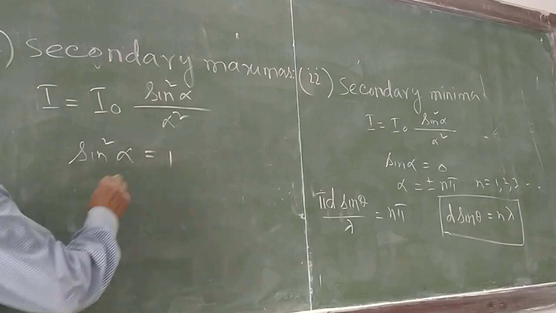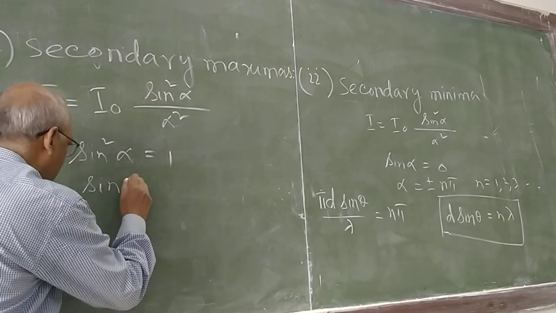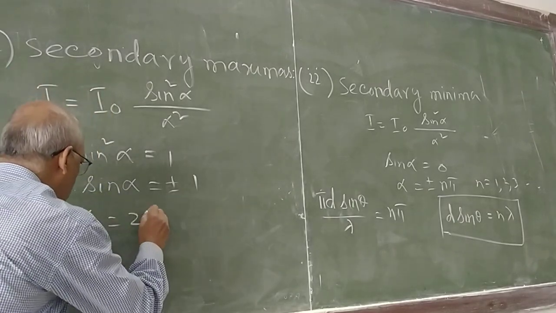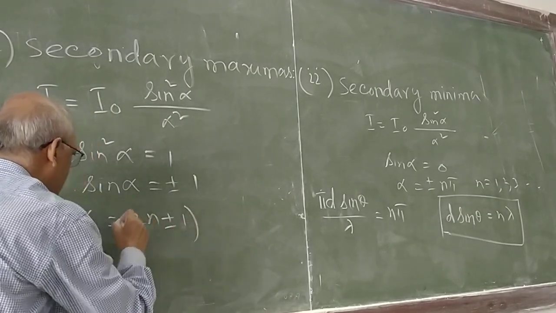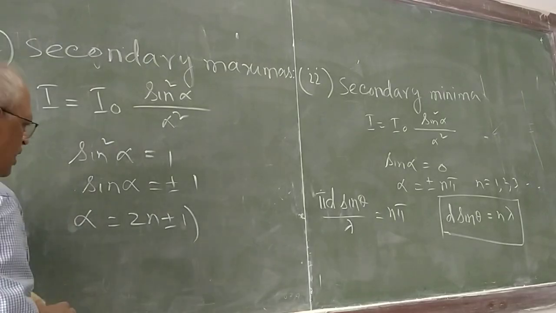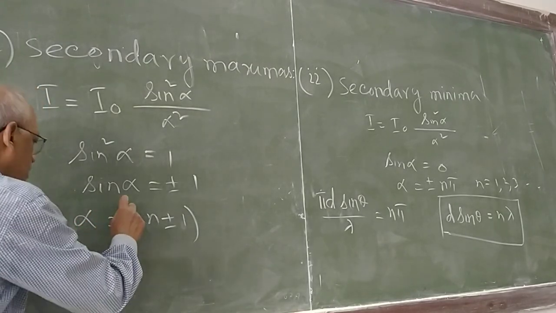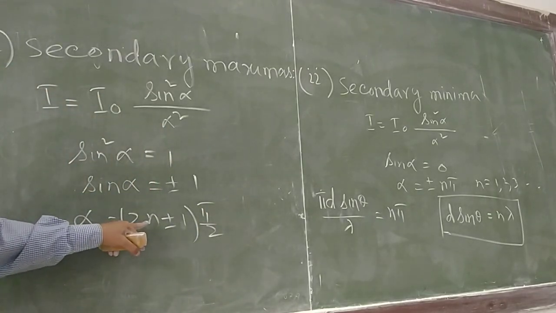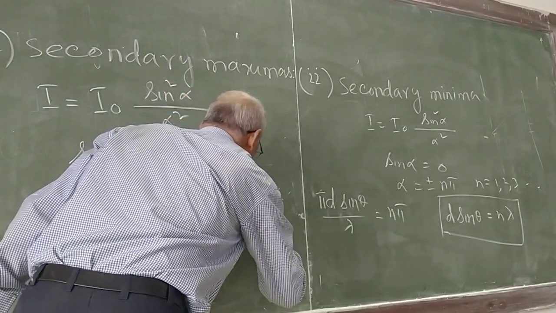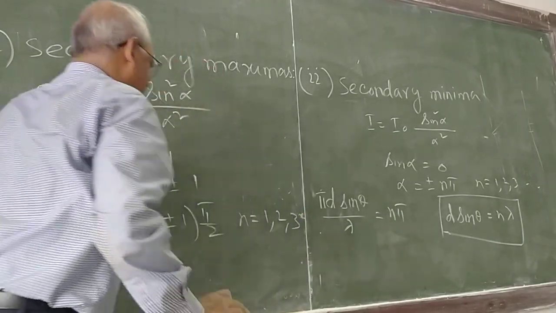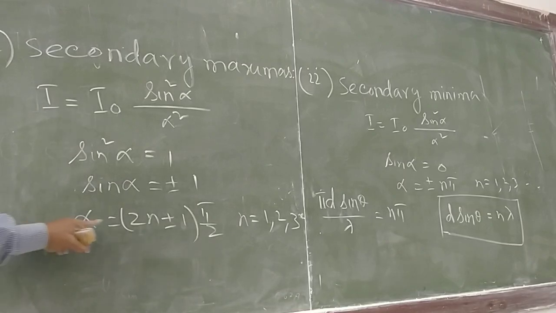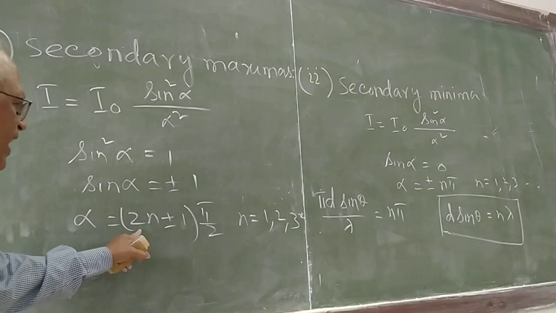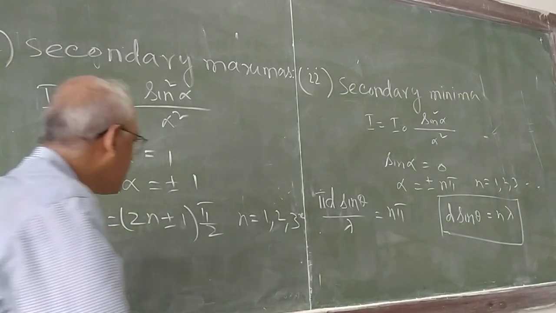So if sin alpha is equal to plus minus 1, alpha is equal to (2n plus 1) pi by 2, where n is equal to 1, 2, 3, and also n is equal to minus 1.